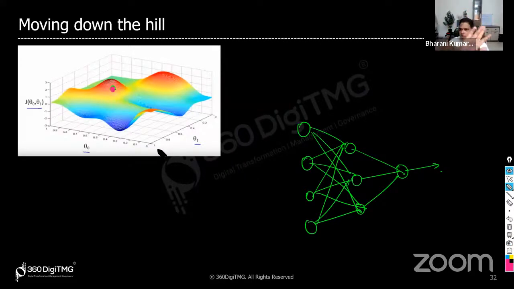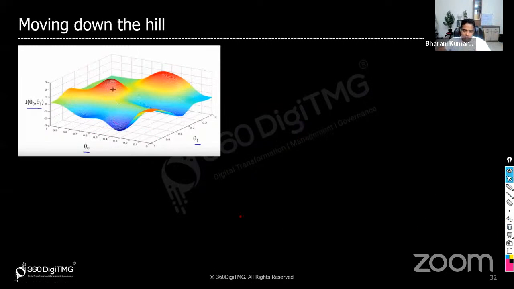Randomly somewhere, the loss is plotted for the weights. So if you go like this, probably this is a weight here, and this is the weight here. Okay, imagine I'm going right to the bottom, in a vertical direction. So if you have 2, this is how it would work.